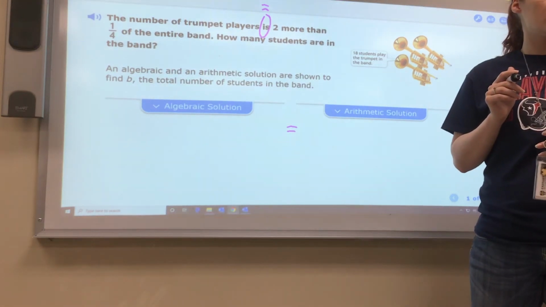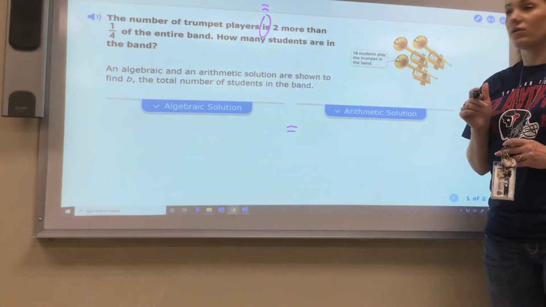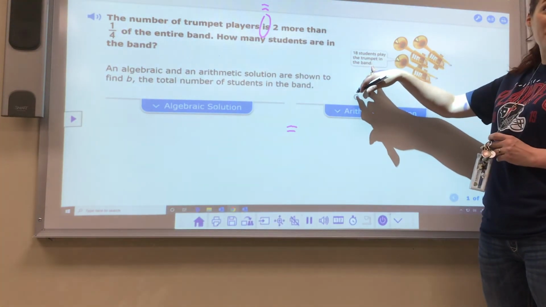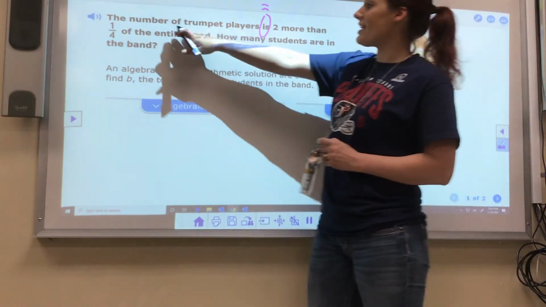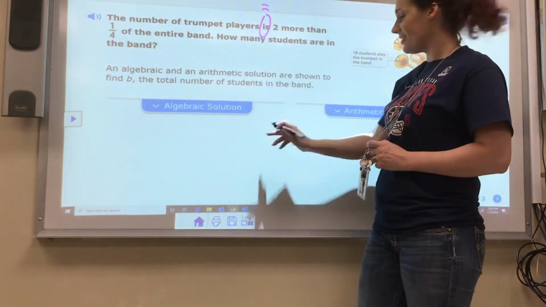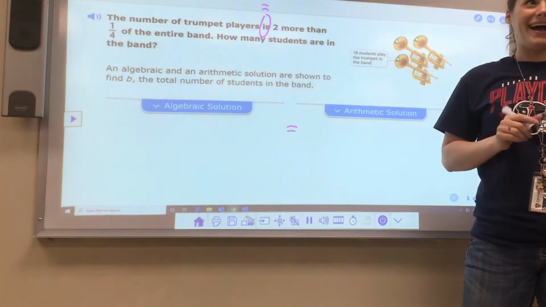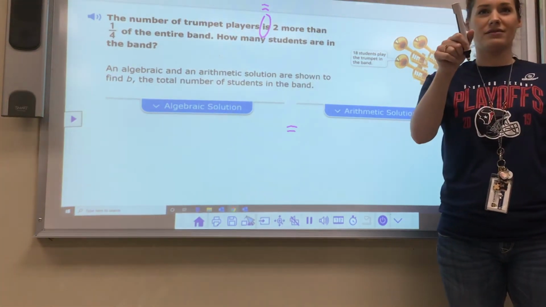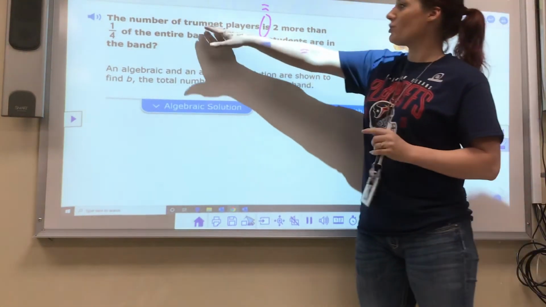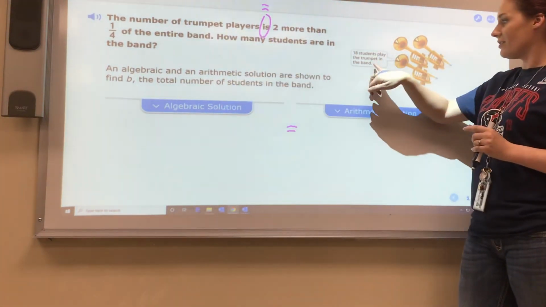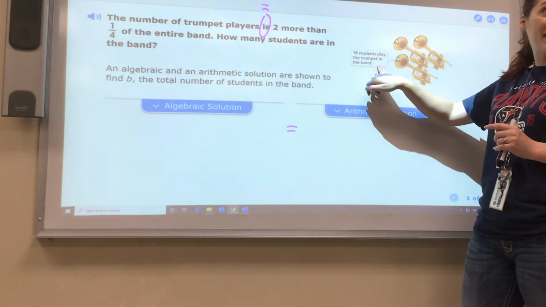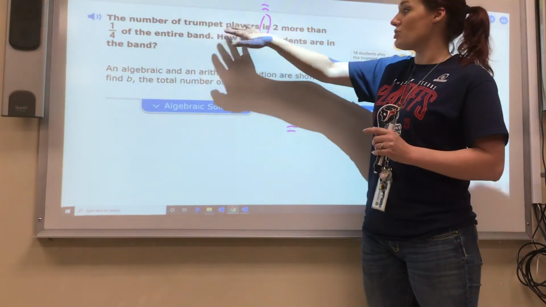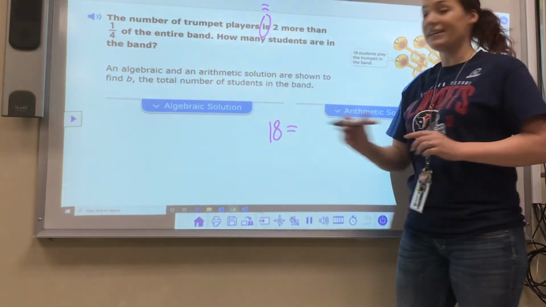Yes, the band. Who played the trumpet? Or is it 18B? Over here it says the number of trumpet players. 18 students play trumpet in the band. So this 18 is the number of trumpet players. So on the left side is just the trumpet players, which is 18 trumpet players.